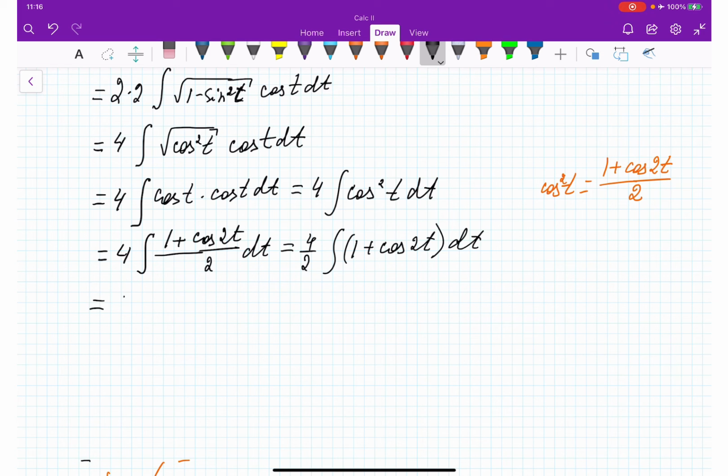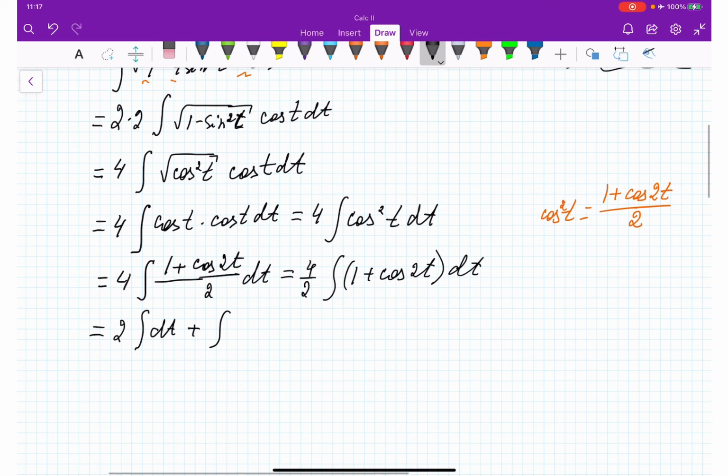And this is going to be 2. I'm distributing dt. It's going to be integral dt plus integral cosine 2t dt.